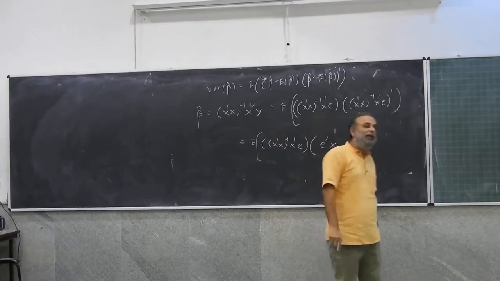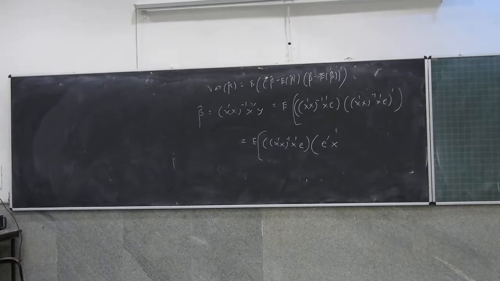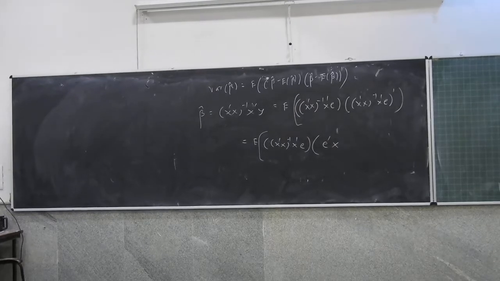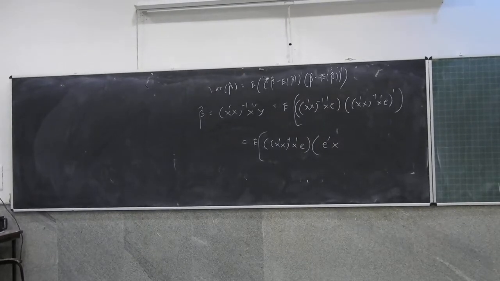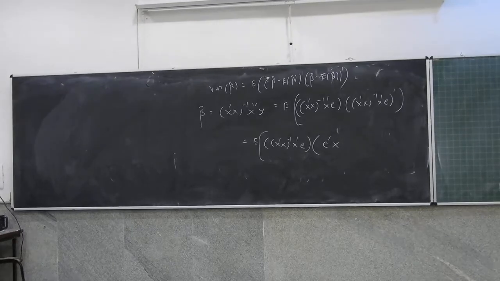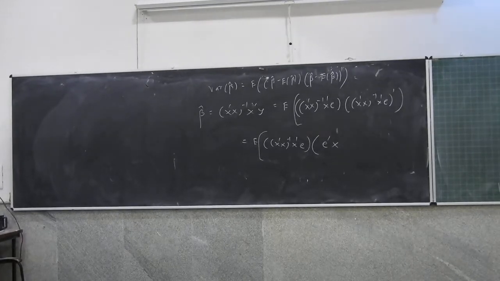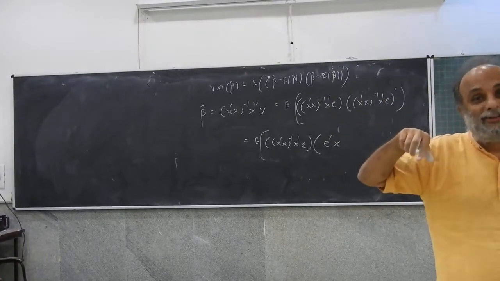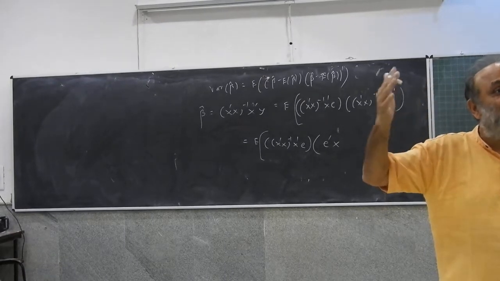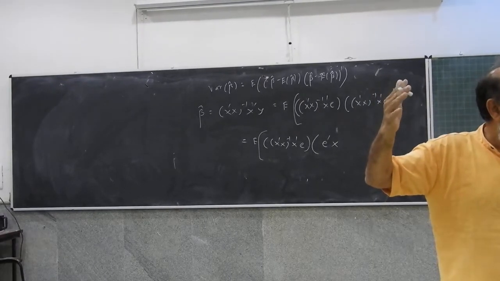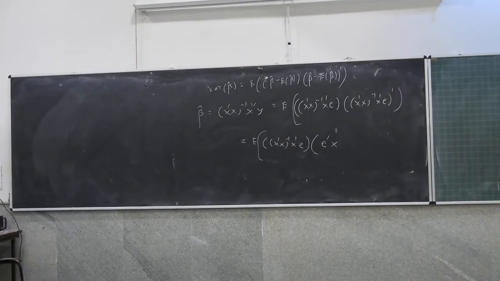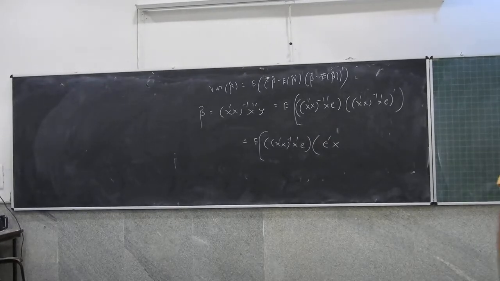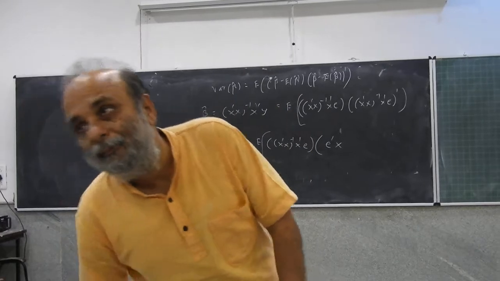And what is X dash X inverse transpose? X dash X inverse transpose is simply X dash X inverse, because X dash X inverse was a square symmetric matrix. For a symmetric matrix, what is the transpose? How do you define a symmetric matrix?